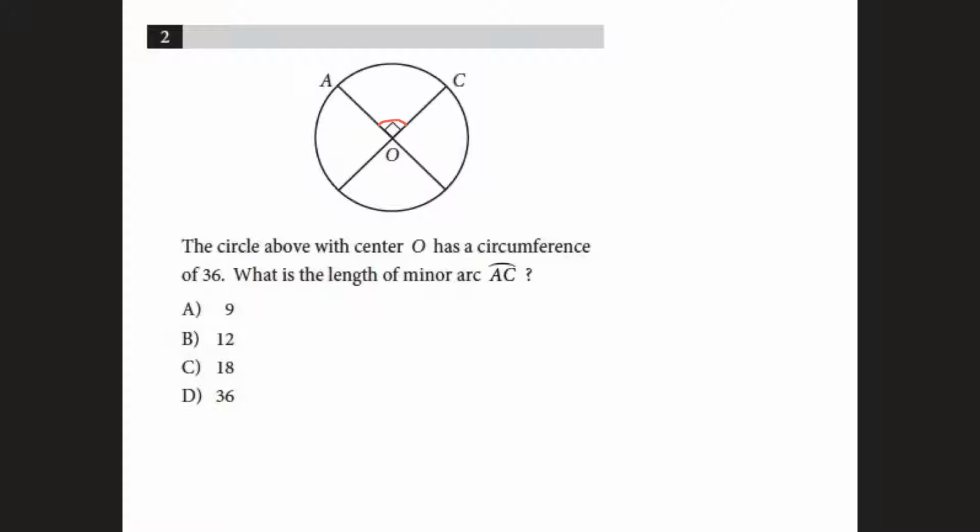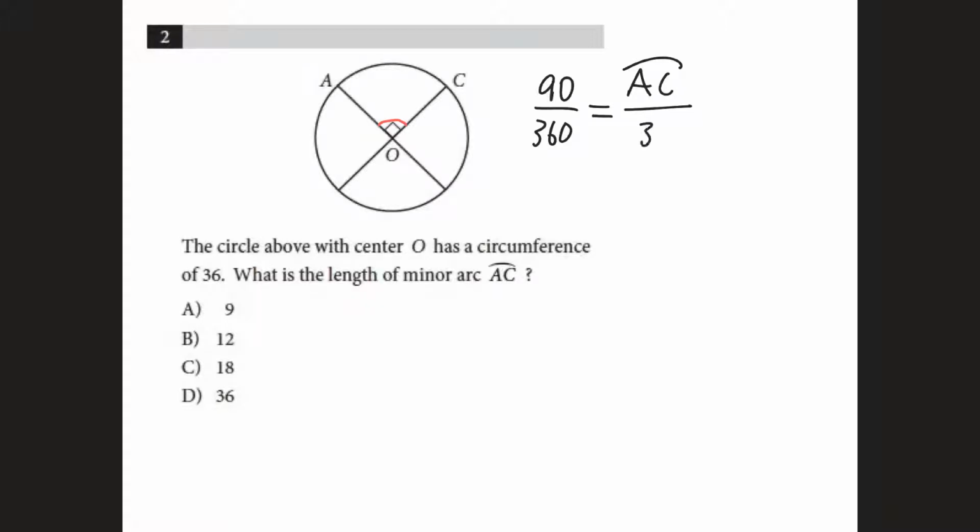The arc length is going to be proportional to the central angle. And we see that 90 out of the whole 360 will be equal to the arc length AC out of the whole circumference.